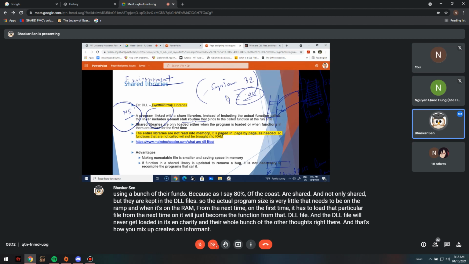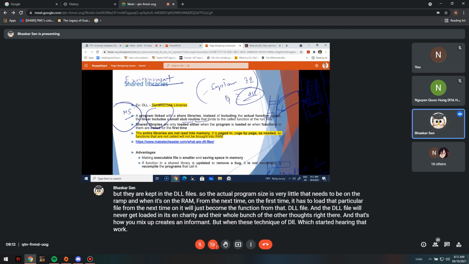In fact, when they introduced this technique of DLL, we started hearing that word environment, an Office environment and a Windows environment.